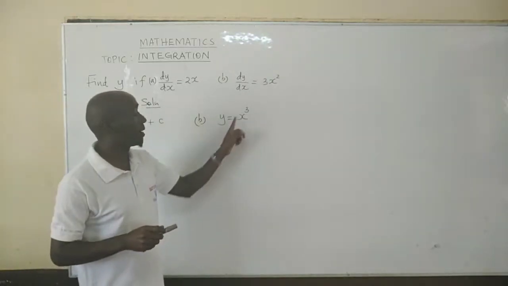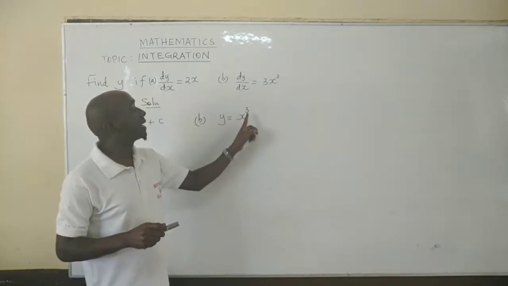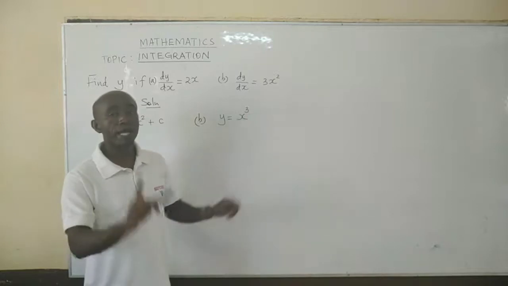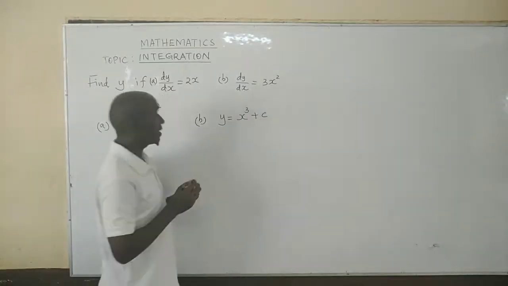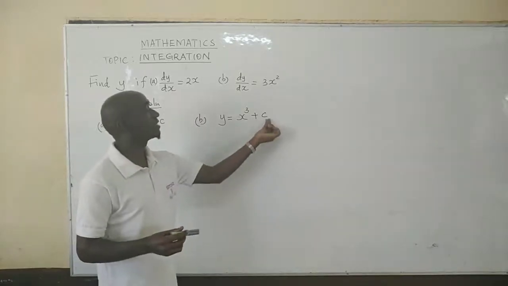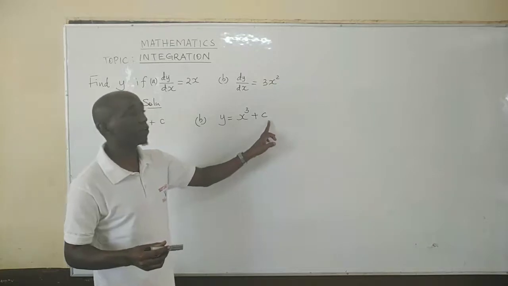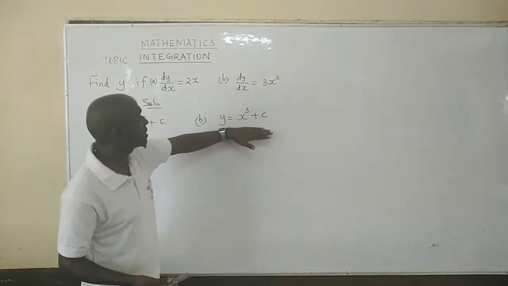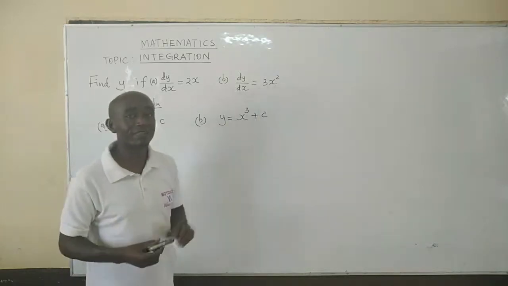You drop the power, multiply by x, then reduce the power by 1. Then you must always add plus c, because if you differentiate a constant, you get nothing. The derivative of c or any constant is 0. So this is the function which will give you this derivative.